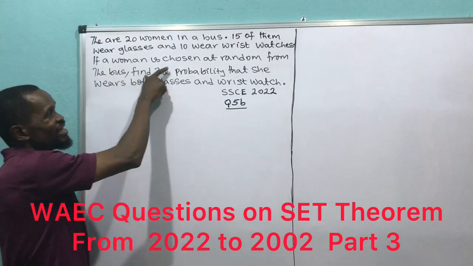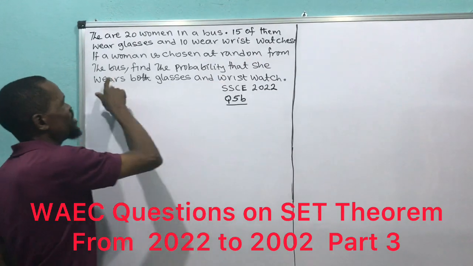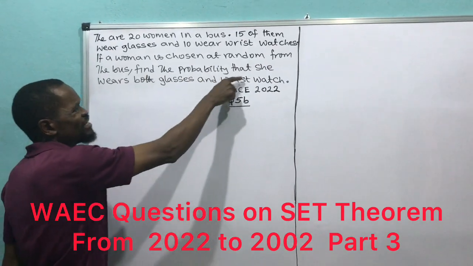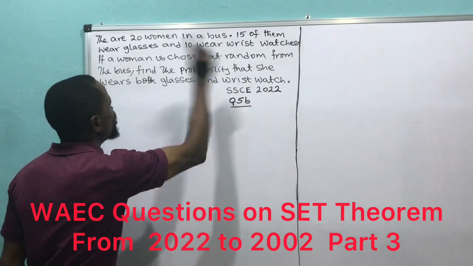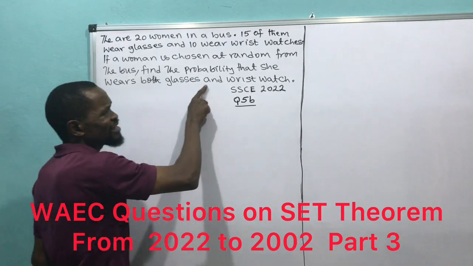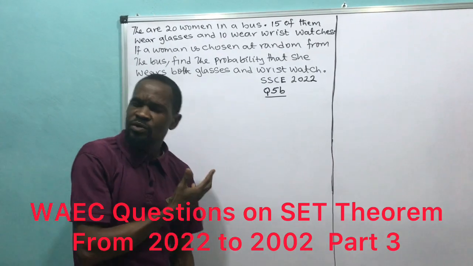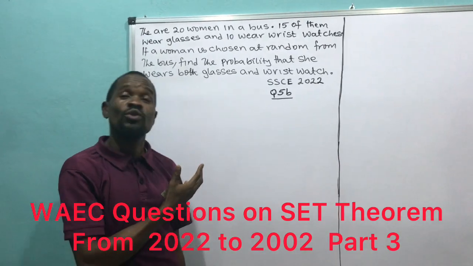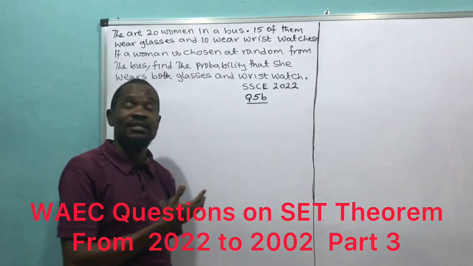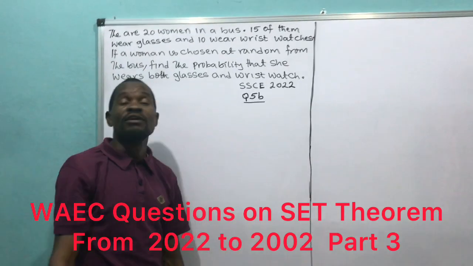If a woman is chosen at random from the box, find the probability that she wears both glasses and wristwatch. This is the question given on WAEC SSCE 2022, question number 5.